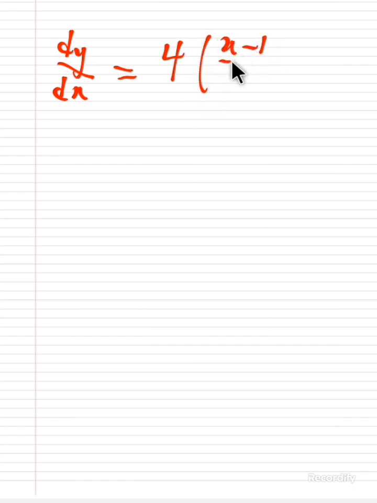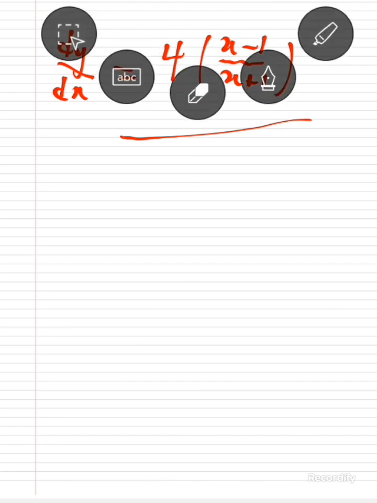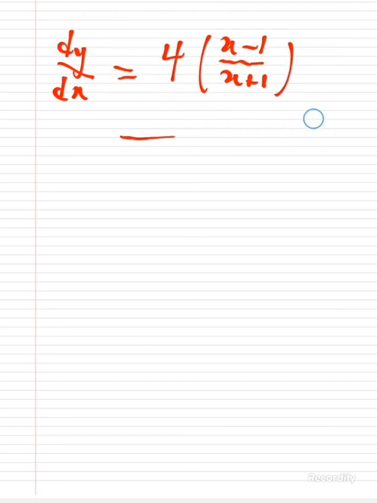Alright, let me go to the next page so that you can see it clearly. Alright, so my dy dx now will be equal to 4 into bracket x minus 1 all over x plus 1, and then this will be all over x plus 1 squared.